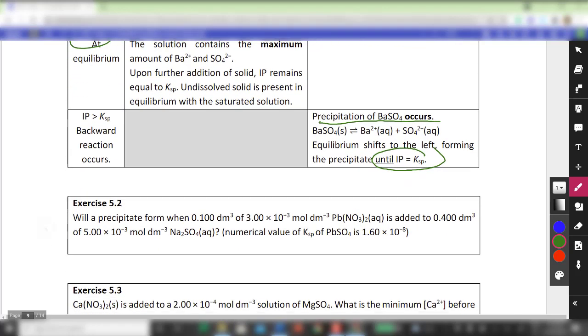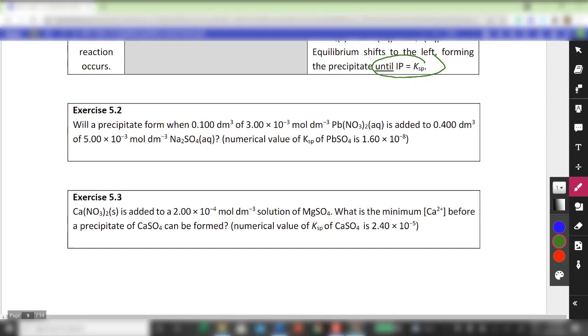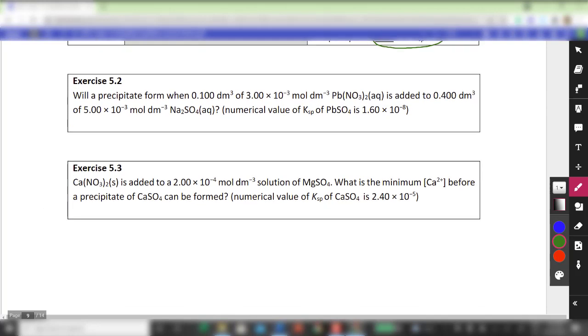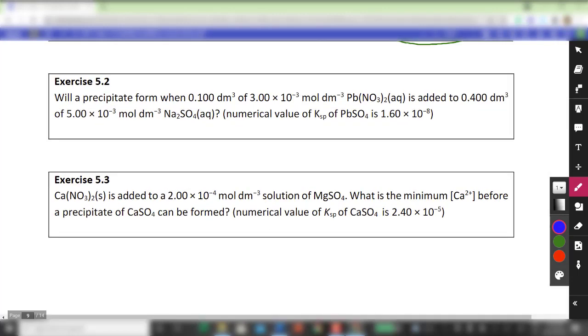If that's okay, we'll move on to exercise 5.2. For exercise 5.2, you are asked, will a precipitate form when I mix 0.1 moles per dm cube of lead nitrate with sodium sulfate, again a certain fixed concentration? Are you given a volume here?